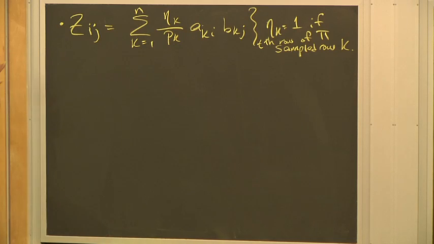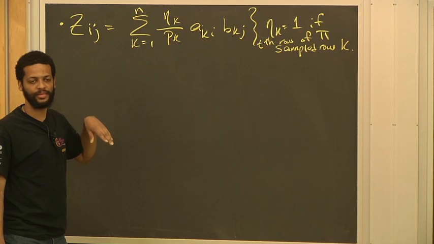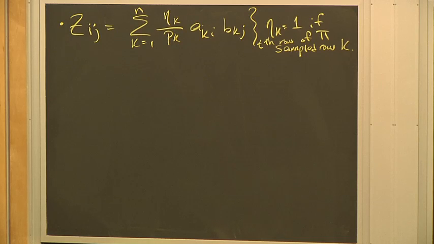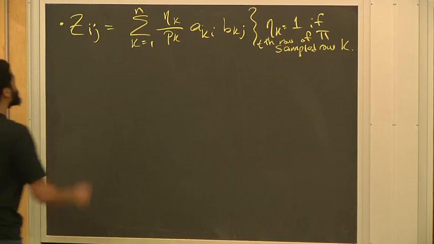So only one of the eta k's is 1 and all the rest are 0. Eta k is just an indicator of which row we actually sampled for the tth row of pi. There is a 1 over m missing.